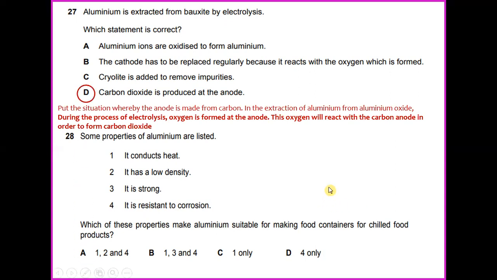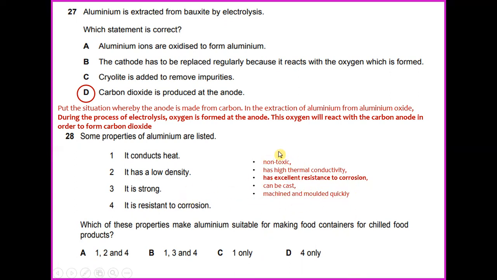Some properties of aluminium are listed. Aluminium is non-toxic. Aluminium has high thermal conductivity. Aluminium has excellent resistance to corrosion. Aluminium can be cast. Aluminium can be machined and moulded quickly.